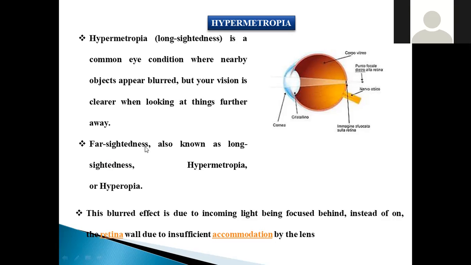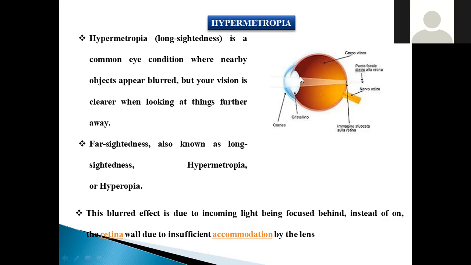This is known as far-sightedness, otherwise long-sightedness. Hypermetropia is also known as hyperopia, right? The blurredness is mainly due to incoming light being focused behind the retina instead of on the retina, due to insufficient accommodation by the lens.